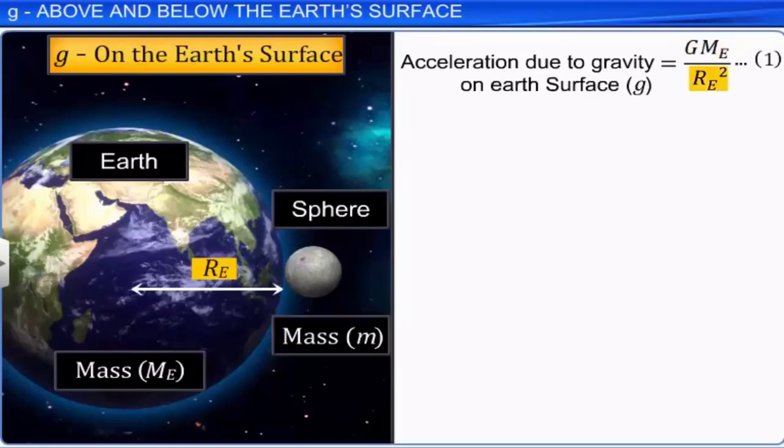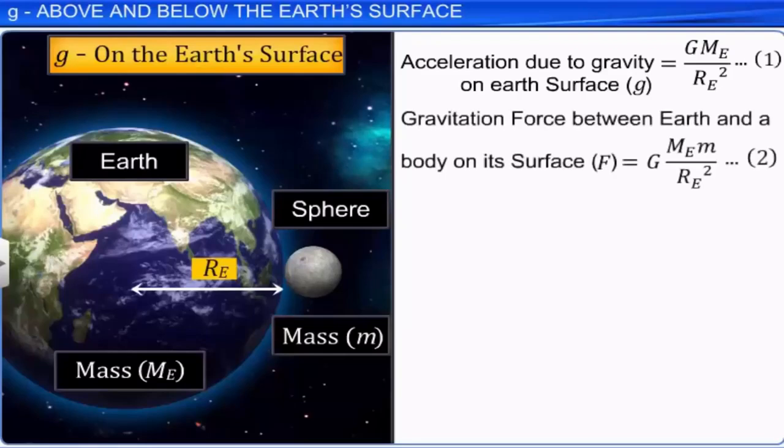This is basically derived from the gravitational force between the Earth and a body on its surface, which is indicated by equation 2. F equals G Me into m divided by Re square, where m is the mass of the body on the surface of the Earth.